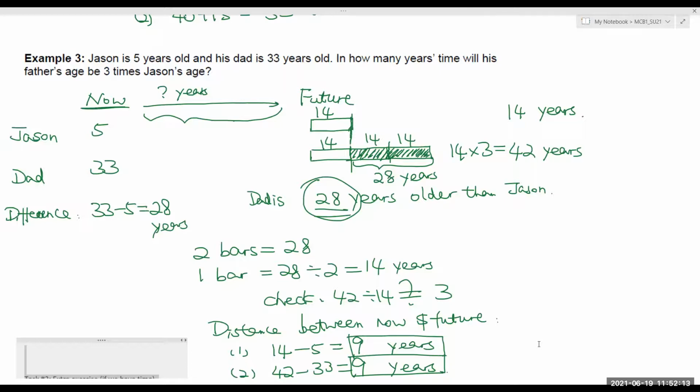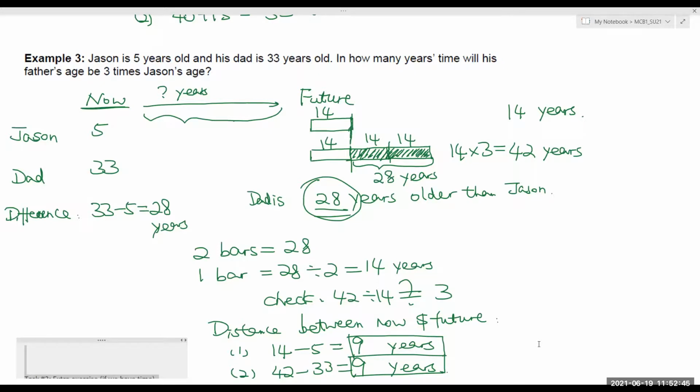We had a 1 bar for Jason, and we copy down that bar 3 times to represent Daddy's age at that point. Then we are representing the 28 years with those shaded little bars, 2 bars. By doing that, we figure out, each of these bars is 14 years. And so we wrote down 14 years on each of these bars. And from there, we figured out, okay, in the future, Jason is 14, Daddy is 42.